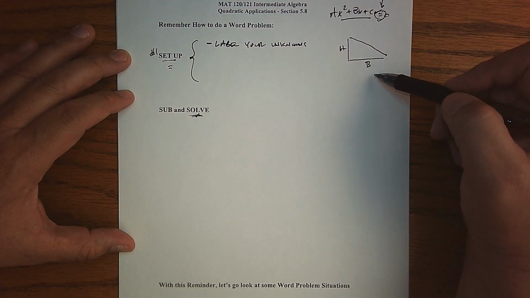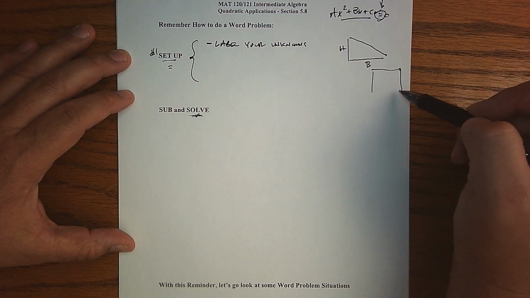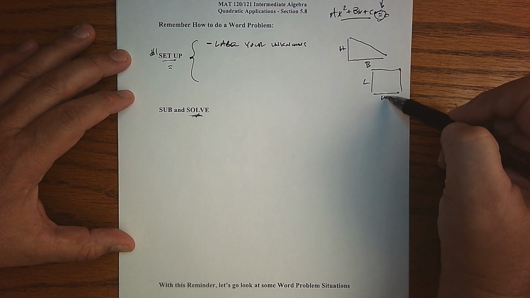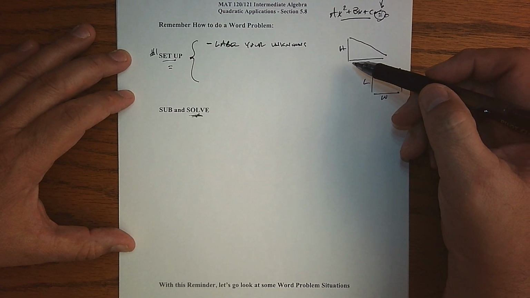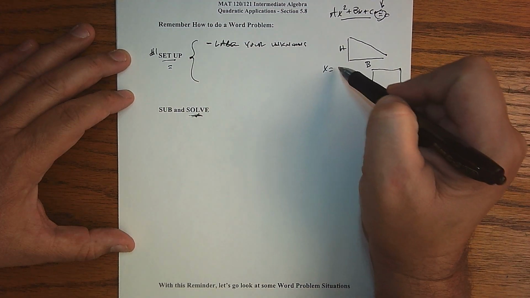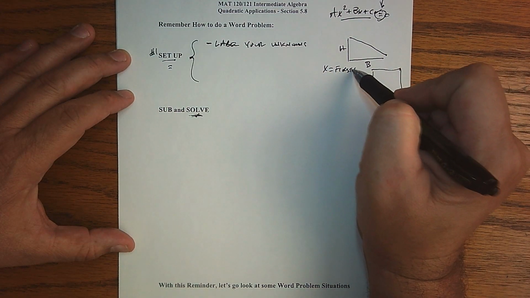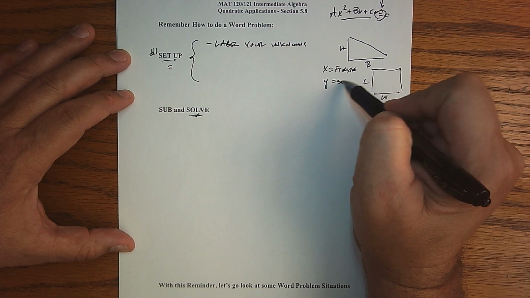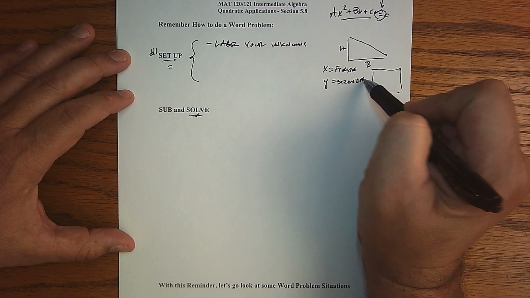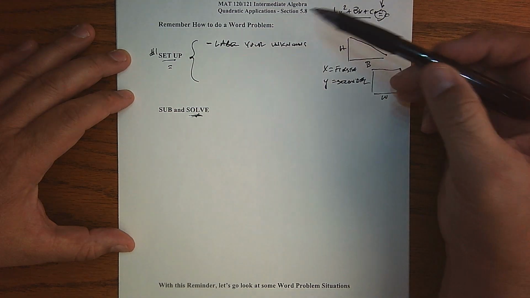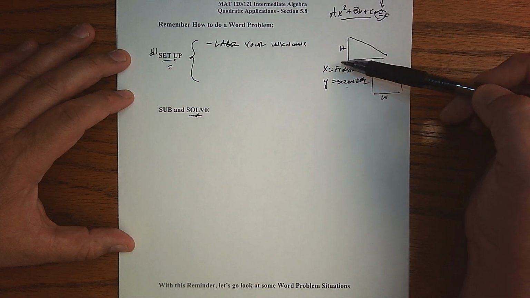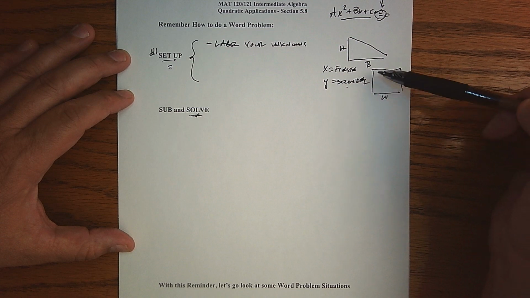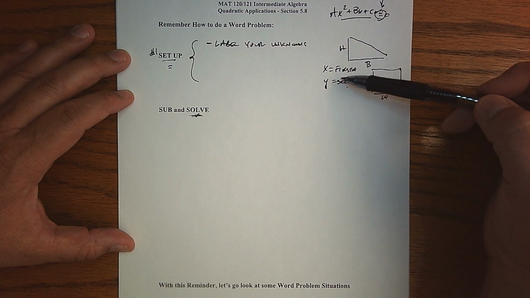Maybe we're talking about a rectangle that has some length and some width. Maybe we're dealing with a situation where there are two numbers, so x would be the first number and y would be the second number. That's what I mean by labeling your unknowns. Tell yourself very clearly what the variables represent in the situation we might be dealing with.